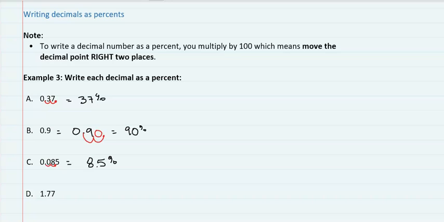This one has a number right here that's greater than 0. So this is going to be greater than 100%, or greater than 99%. So we're going to go over 2 places to the right, and we get 177%.